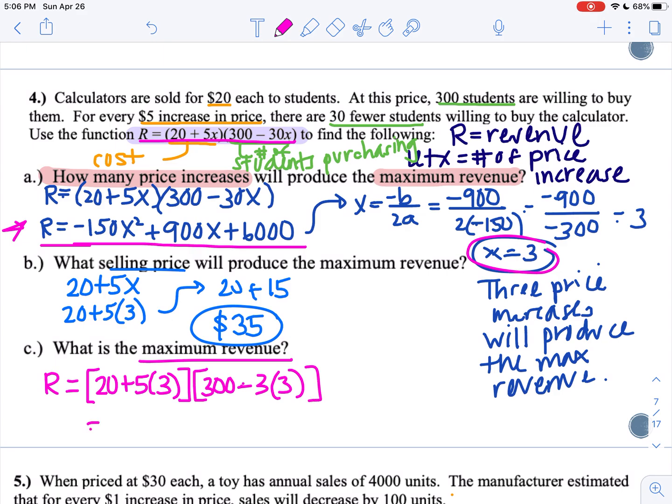All right, we get 20 plus 15 times 300 minus 9. Your revenue should be $7,350.